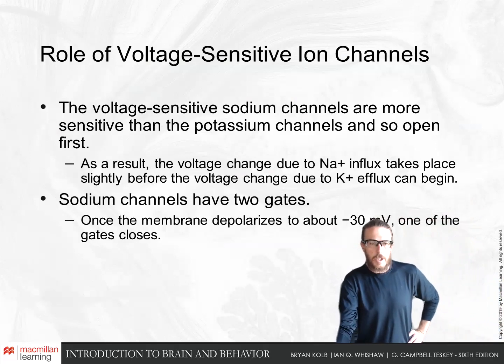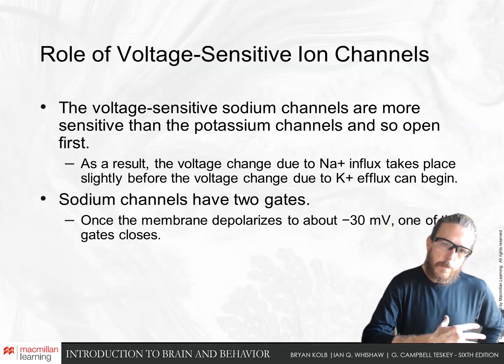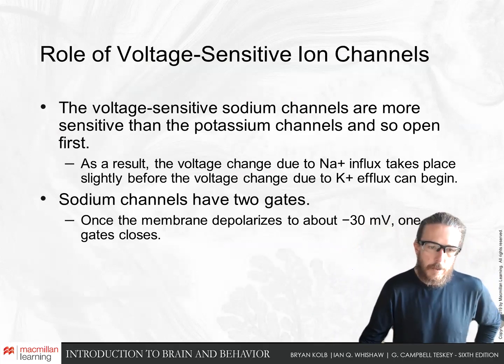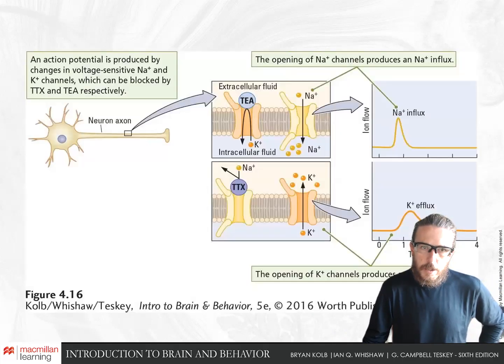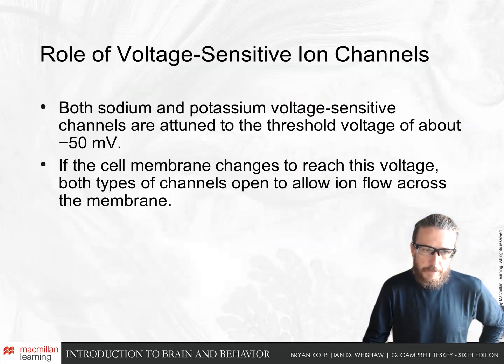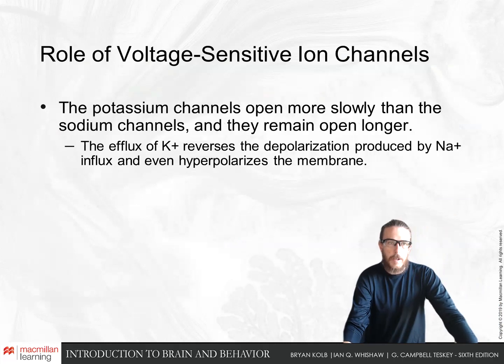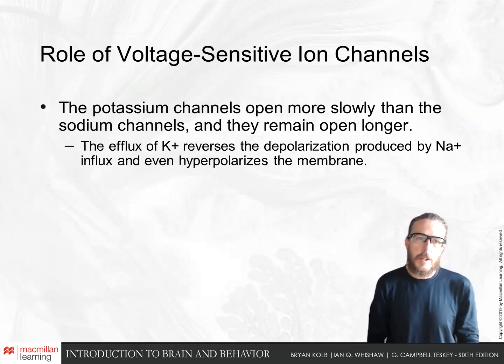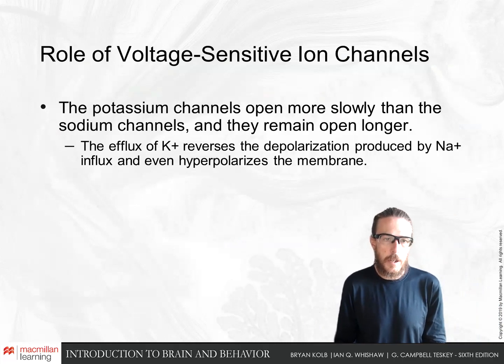And the sodium channel actually has two gates. And so actually the first event that pushes the depolarization into this first spike is only when both gates are open, and then the first gate quickly closes at about minus 30 millivolts. And potassium channels open more slowly, they remain open longer.